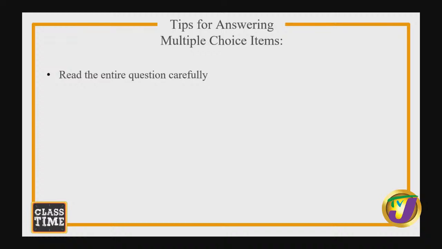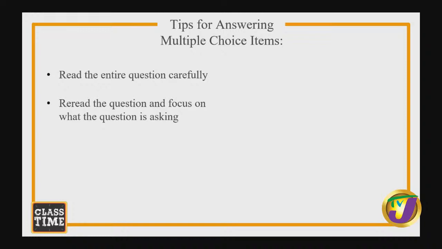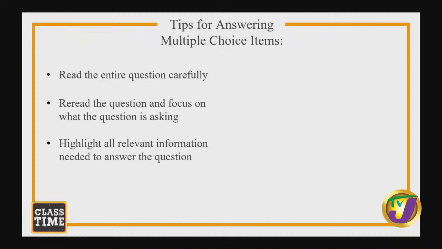Very important. You will need to get all the information that you need in order to answer the question. Reread the question and focus on what the question is asking. And then you need to highlight all relevant information needed to answer the question.